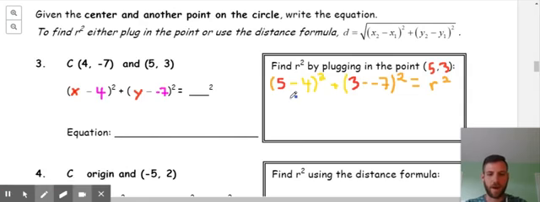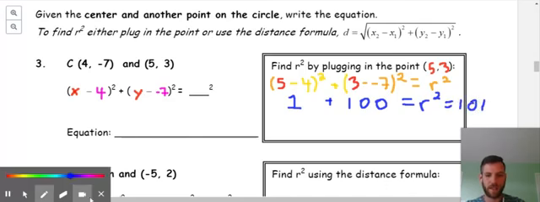We can evaluate each of these parentheses. Our first one ends up being equal to 1, and then our second one ends up being equal to 100, meaning that r squared is going to be equal to 101. And we just need to find the square root of both sides.